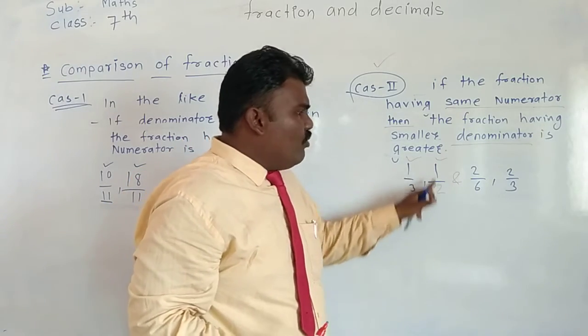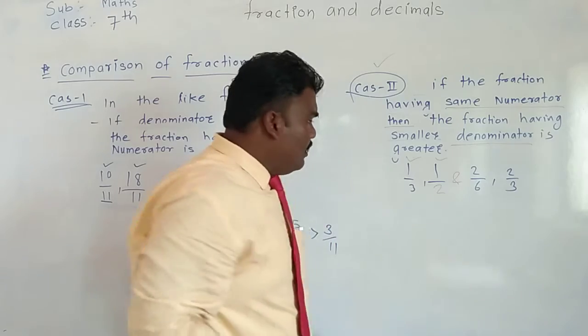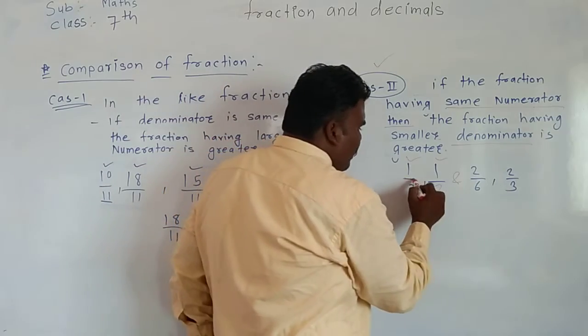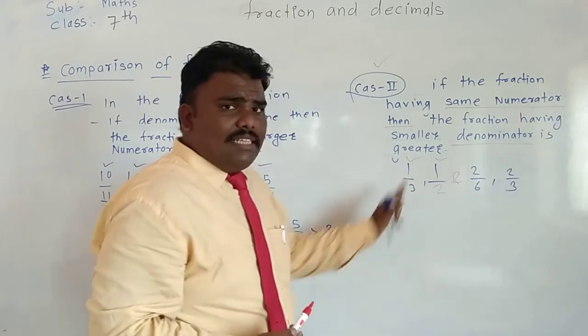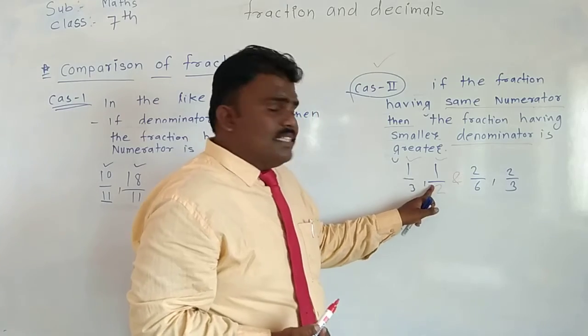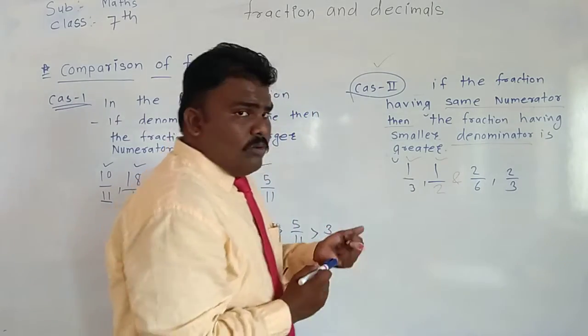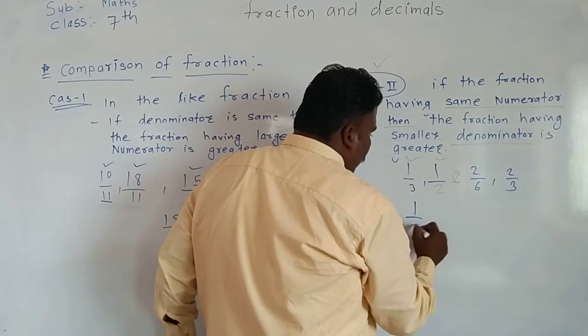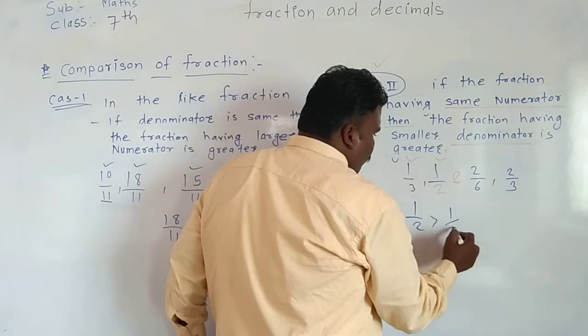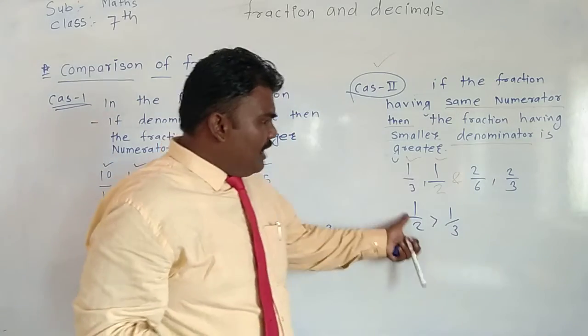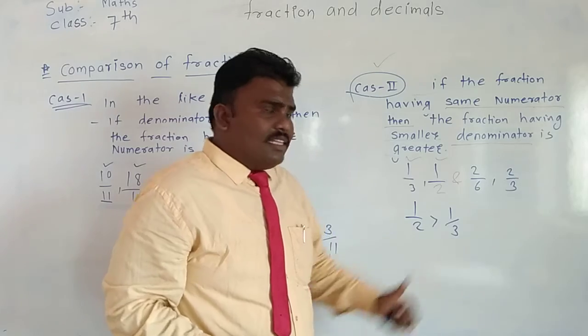In these two fractions, which one has the smaller denominator? The second fraction has the smaller denominator. So just because of that, 1 by 2 is greater than 1 by 3.